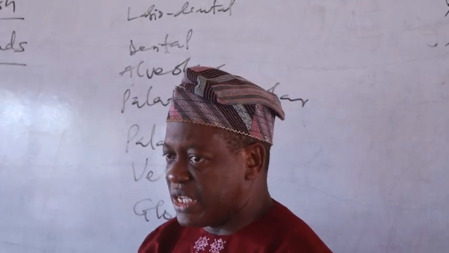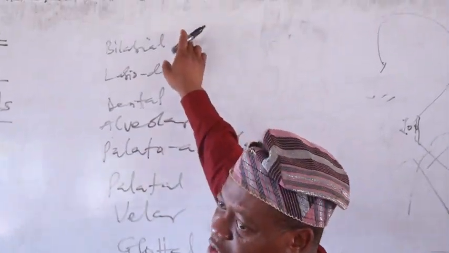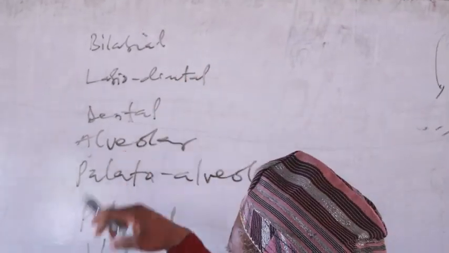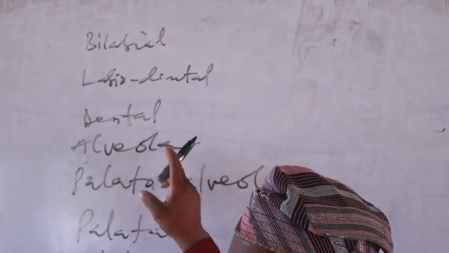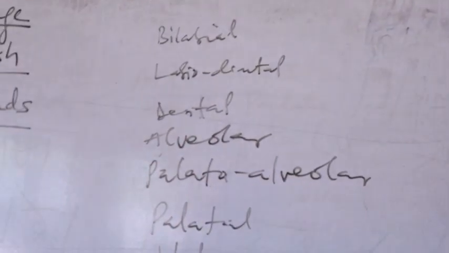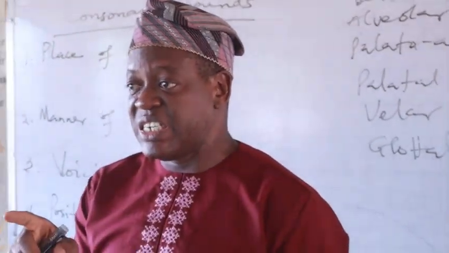How many places of articulation do we have in consonant sounds? Eight. We have the bilabial, which is two lips. Labiodental, I explained that to you. Dental, alveolar. The alveolar sound is when the tip of the tongue touches the alveolar ridge. Try it.